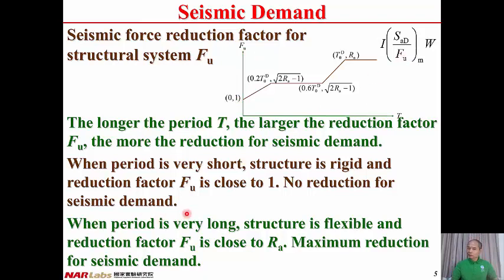When the vibration period is very, very long, the structure is so flexible that ductility can be fully developed, and the reduction factor FU is close to RA. RA is the allowable ductility capacity, and we have maximum reduction for seismic demand.